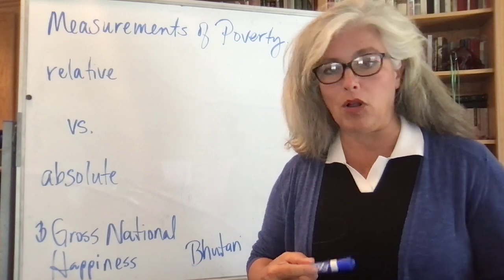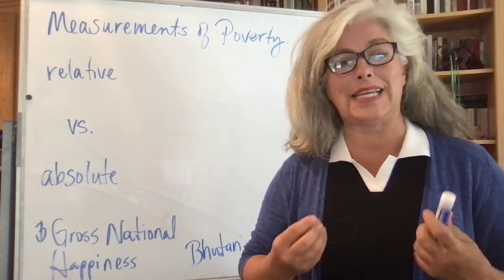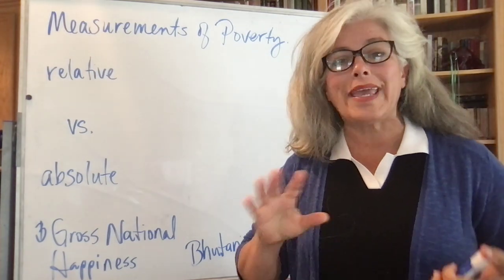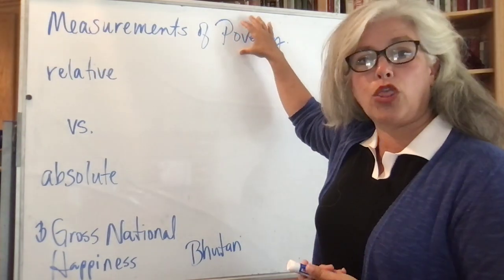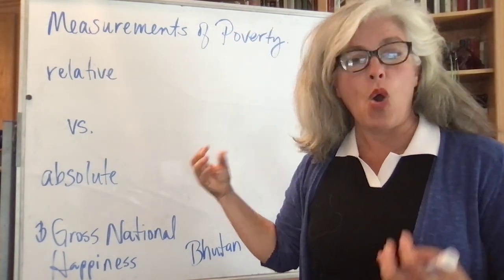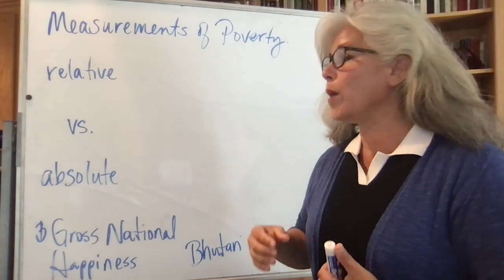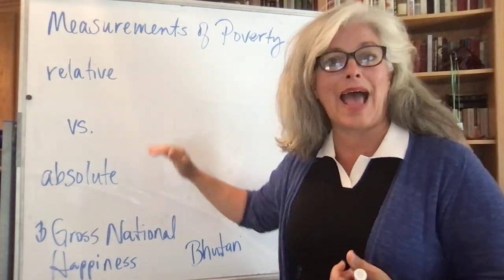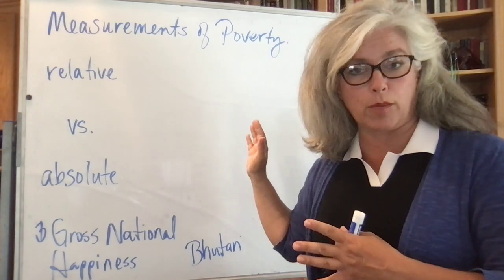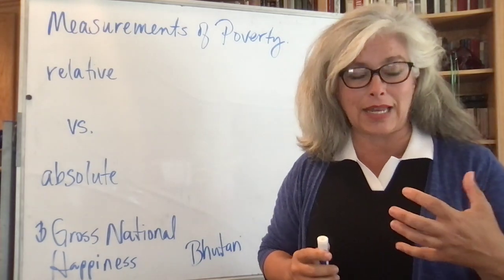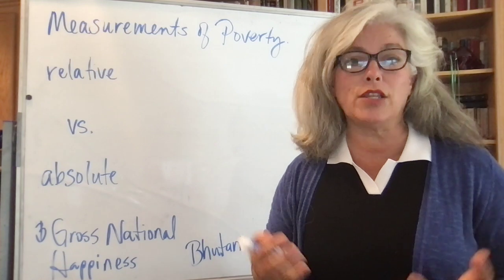However, in general, when we look at poverty in sociology, we can't just define the word by itself. We have to put an adjective in front of it, and most commonly, we put the adjectives relative and absolute in front of this word poverty so that we understand and are able to differentiate between the two.